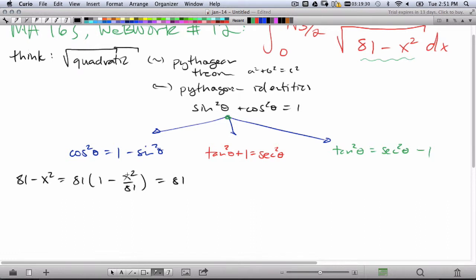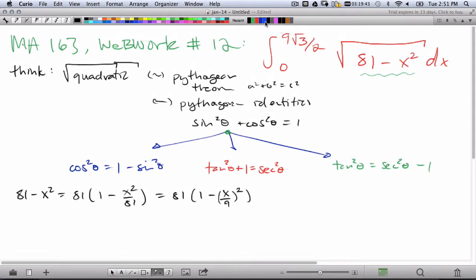And you might imagine this x squared over 81 as x over 9, quantity squared. Now you're thinking, which one of these trig identities most closely resembles this expression in pink? Well, it's this one, right? The 1 matches up with the 1, there's a minus, minus. You just recognize the pattern.